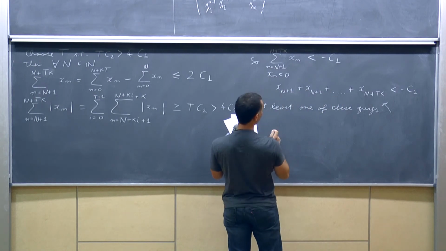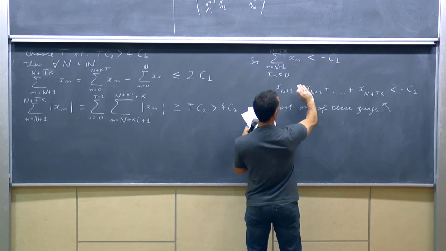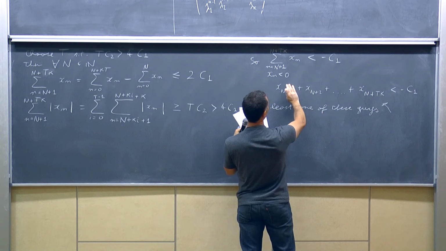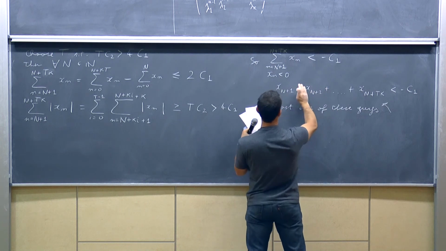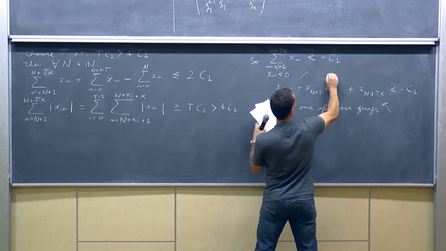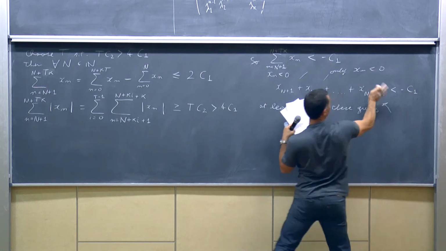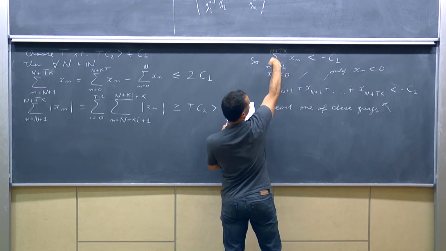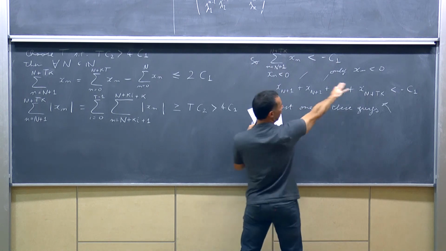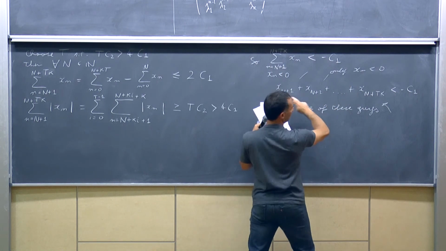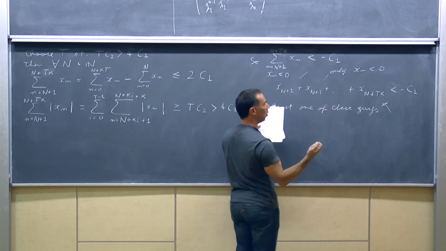Sorry, I'm just summing over the negative ones, only the xn that are negative, less than 0. So amongst all these xn's, I'm only keeping the ones that are less than 0. And I know that together they go below minus C1.